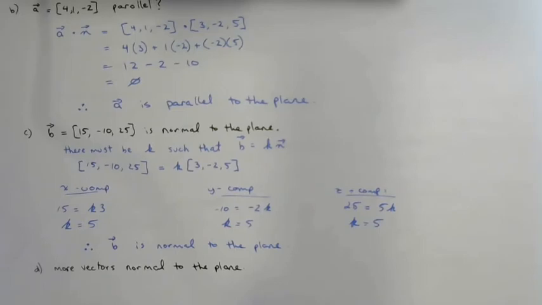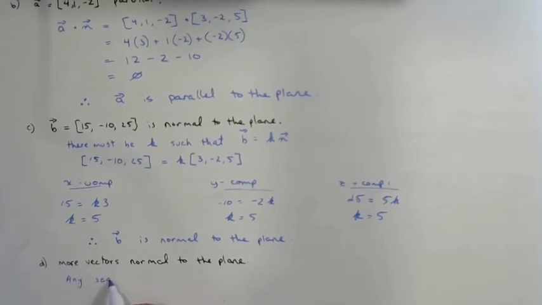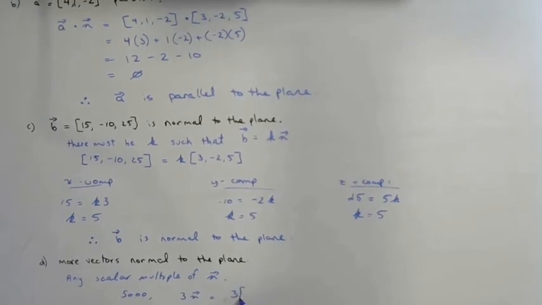Okay, so there's a couple of different ways to think about this. We're just going to pick any scalar multiple of n. It doesn't really matter. Let's go 3n. 3n would equal 3 times 3, negative 2, 5. That would be the vector 9, negative 6, 15. All right, there's one example, and you could build other vectors the same way.